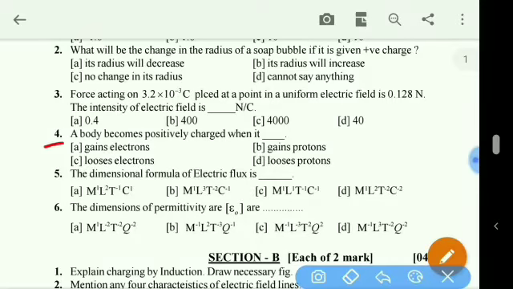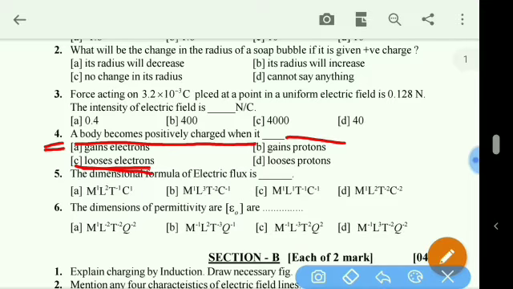Now for MCQ number 4, a body becomes positively charged when it... Now, see here, the correct option will be loses electrons. Students, we know that it is the electrons which can be gained or which can be lost.